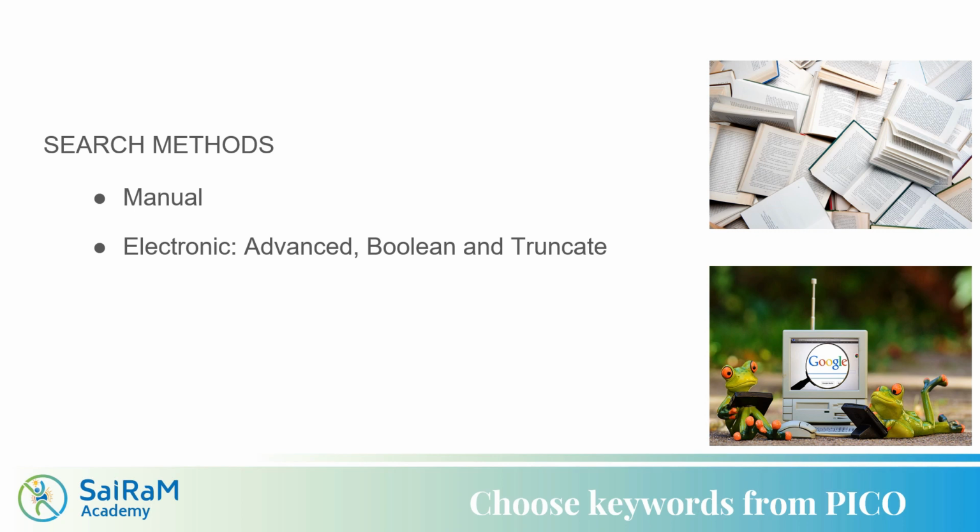Again, the types of electronic searches we use are advanced, Boolean, and truncate. Advanced is where we use more filters, which we'll be dealing with in the next step. And Boolean is a type of search method where we use 3 different conjunctions: and, or, not. These are the 3 different conjunctions that we use in case of Boolean search.